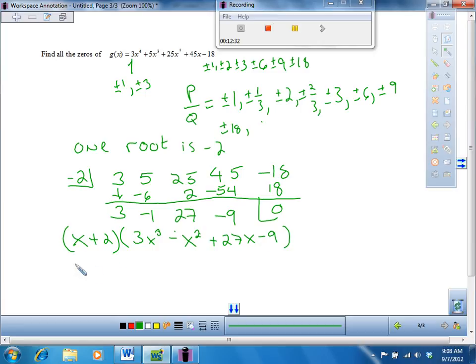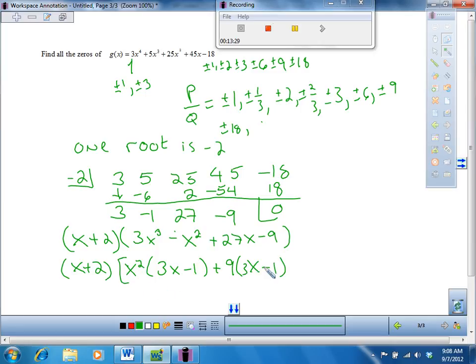So looking at these first two terms, what could I pull out of both 3x cubed and x squared? x squared. So what I'm going to do is rewrite this as x squared times 3x minus 1 plus 9 times 3x minus 1, right?